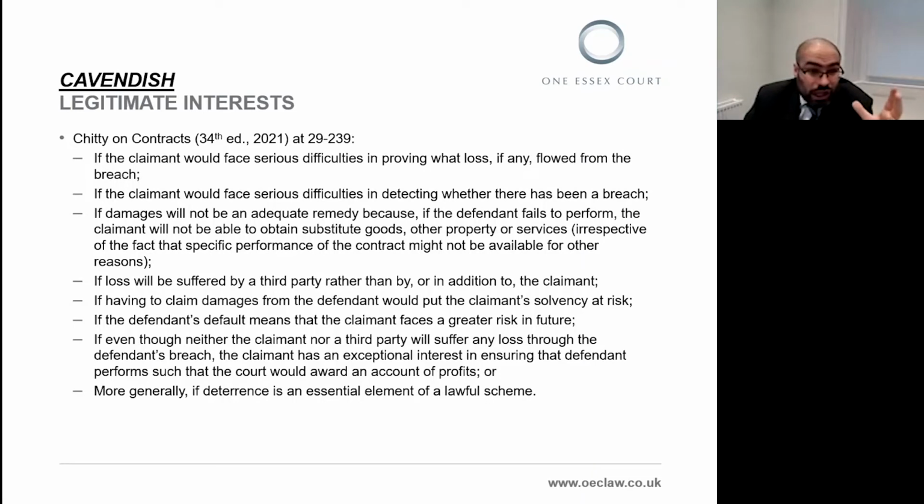Chitty on Contract suggests quite a long list, which you can see on the slide, and I won't read out all of those, but some of the examples given in Chitty would be if the claimant would face serious difficulties in proving what loss, if any, flowed from the breach, if the claimant would face serious difficulties in detecting whether there had been a breach, or if loss will be suffered by a third party rather than by the claimant, or if having to claim damages from the defendant would put the claimant's solvency at risk, or if the defendant's default meant that the claimant faced a greater risk in the future.